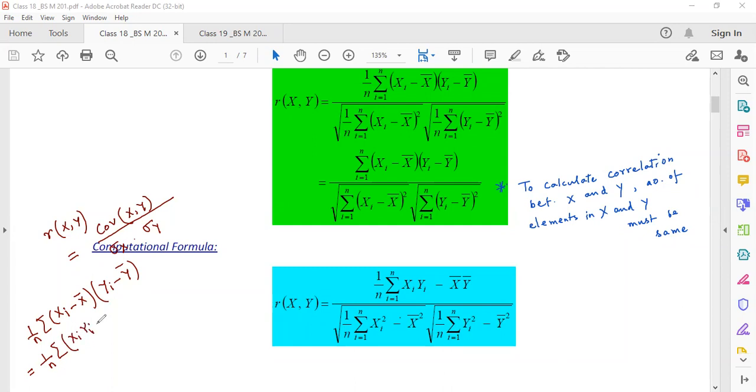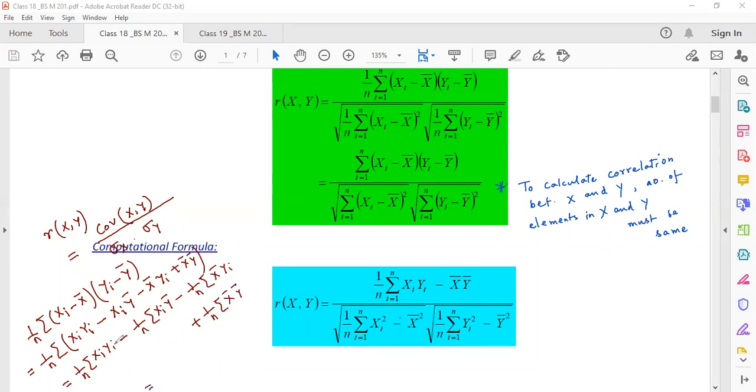So I am taking the product: xi into yi minus xi into y bar minus x bar into yi plus x bar into y bar. Now I'm writing 1 by n summation xi yi minus 1 by n summation xi y bar minus 1 by n summation x bar yi plus 1 by n summation x bar y bar.